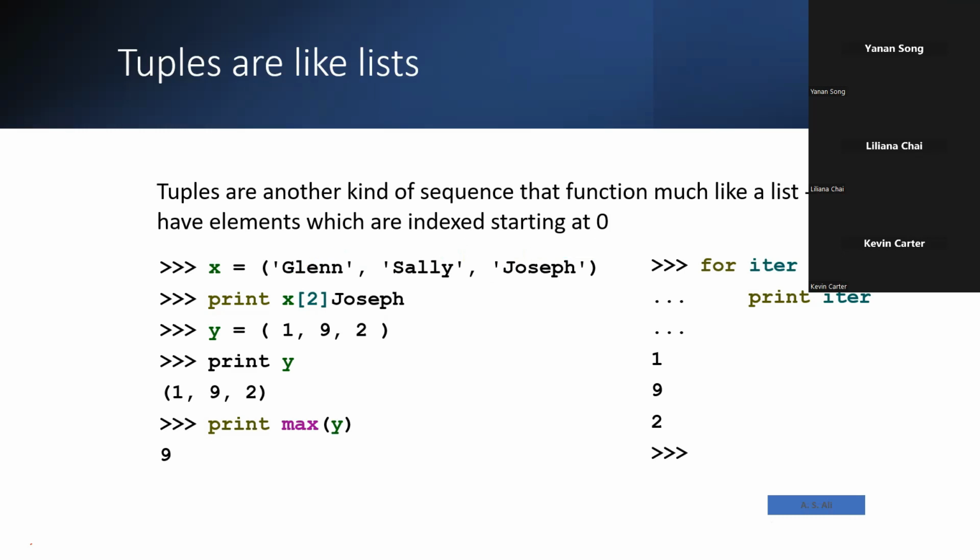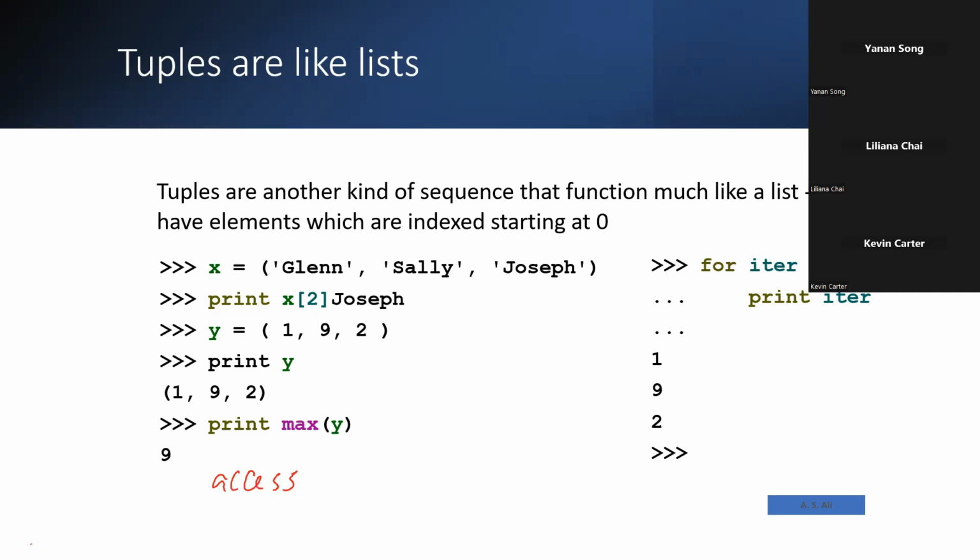So here we have a tuple, we call it X, and this tuple has 3 items. Item 1 is Glenn, item 2 Sally, item 3 Joseph. We may want to know what the elements are. We call this accessing: we want to access an element inside the tuple.